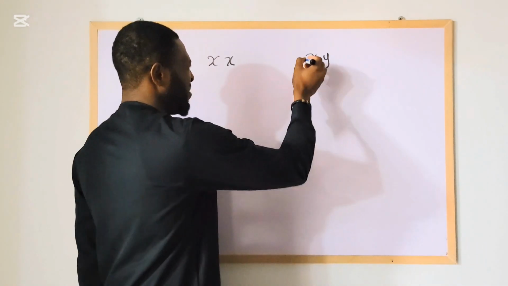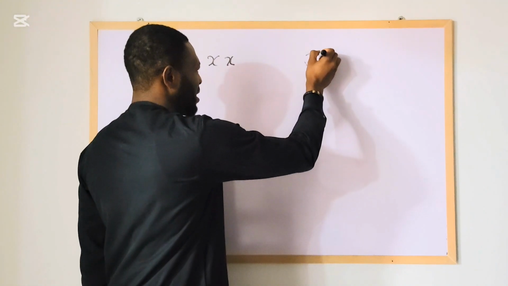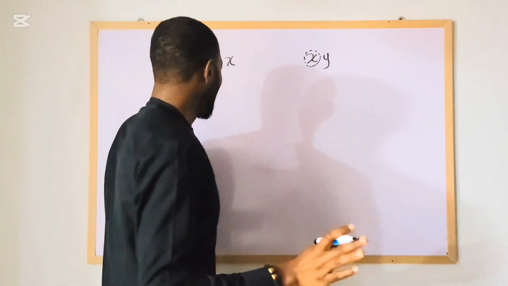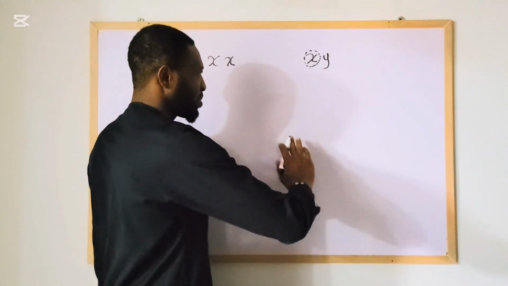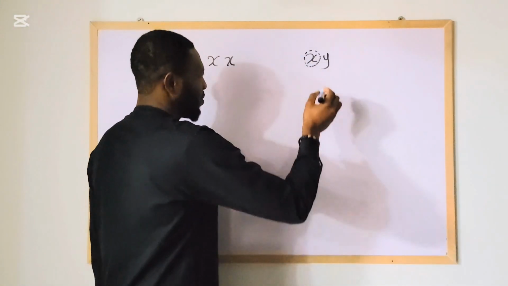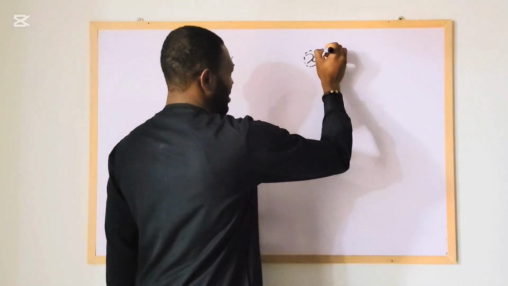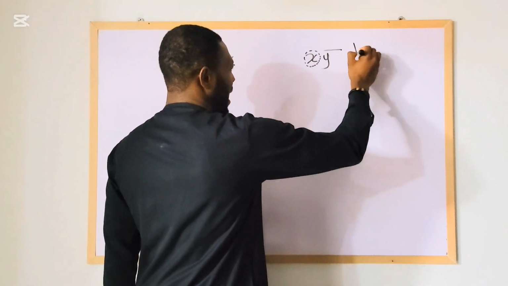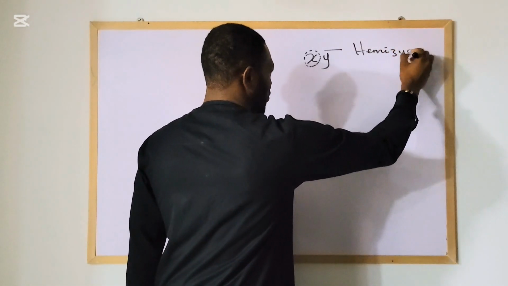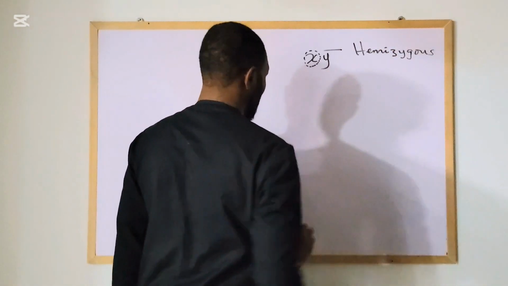And so when there is a defect in the X chromosome, it will definitely manifest in the male. And of course, this makes males hemizygous for X chromosomes.